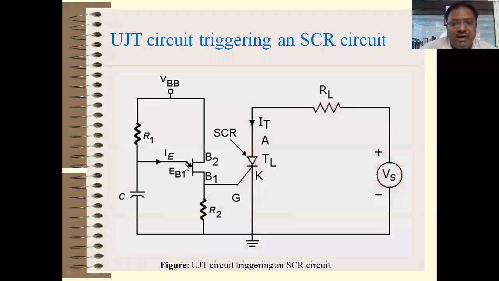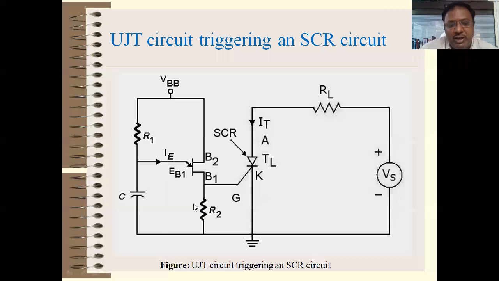Once your device turns on, the current flows through resistor R2, which is connected between base 1 and ground, so voltage develops across R2. And whenever this voltage is greater than the required voltage to turn on the SCR, your SCR turns on.